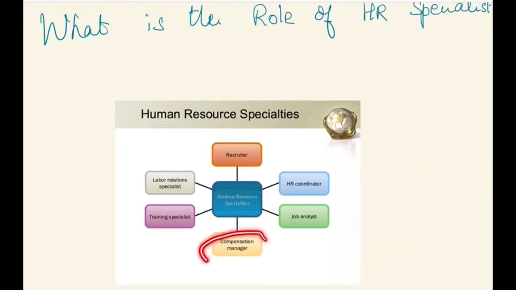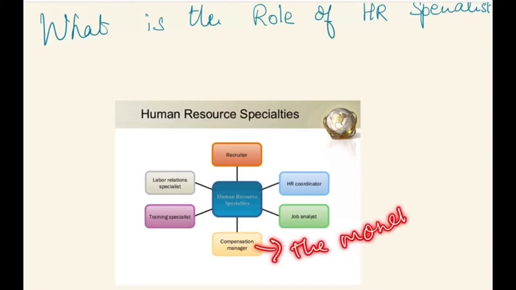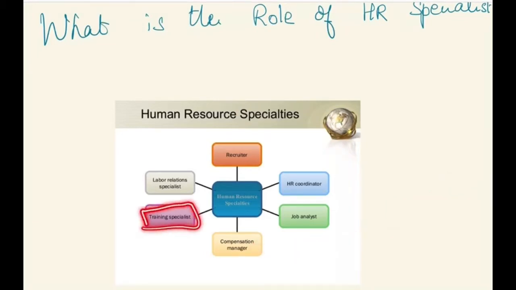Then compensation manager, yes, he takes care of the monetary part. Then training specialist. Training plays a major important role in an organization. So people who are taking care of training really need to have teaching capacity and transformational learning.